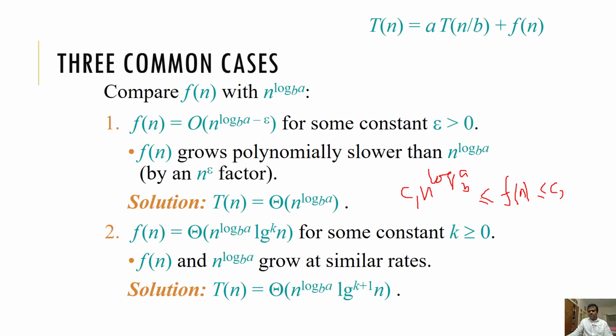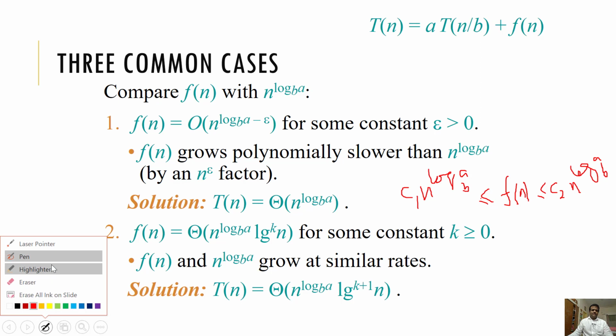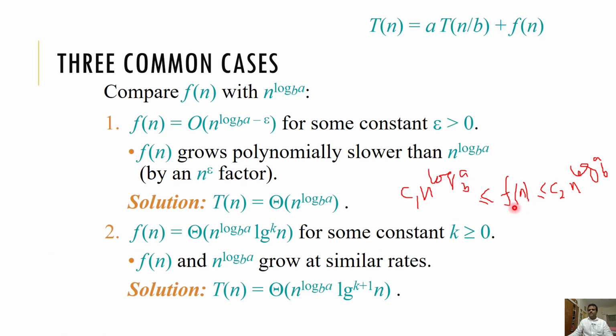This is the big theta notation, we know the definition. That means their growth is similar. I mean f(n) is bounded on both sides by n to the power log a base b. So they have the same growth. Okay, so growth is similar. This is when k is equal to 0.